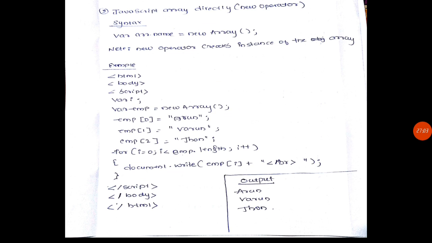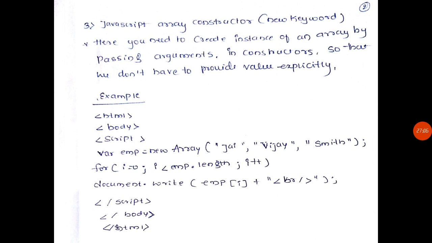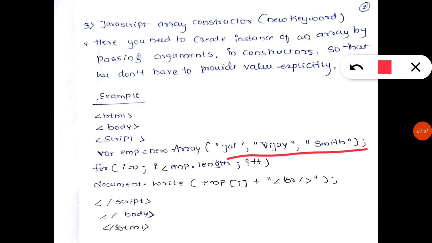And the third method, that is JavaScript using array constructor. Using the new keyword and the array constructor, we can create an array. And see here, in this method, you need to create an instance of an array by passing the arguments. We pass arguments to the Array object in the constructor, so that we don't have to provide values explicitly.